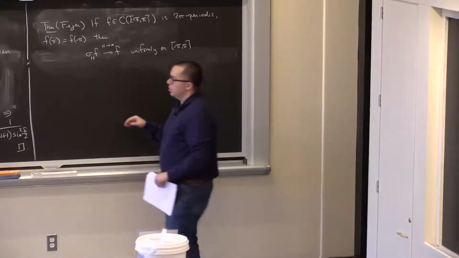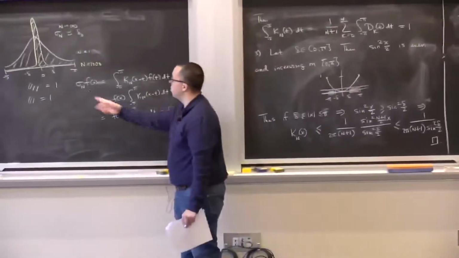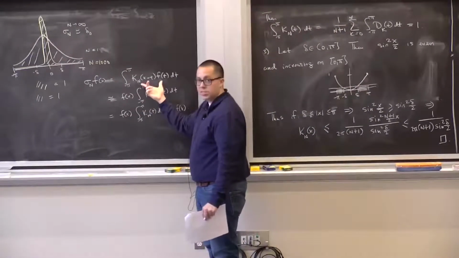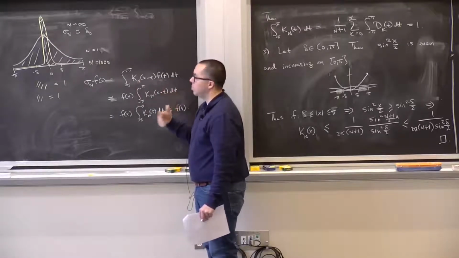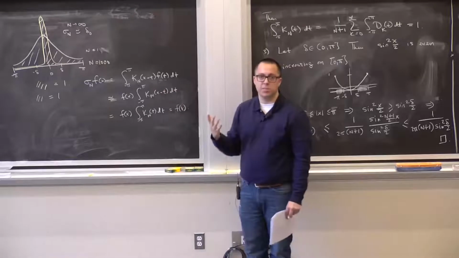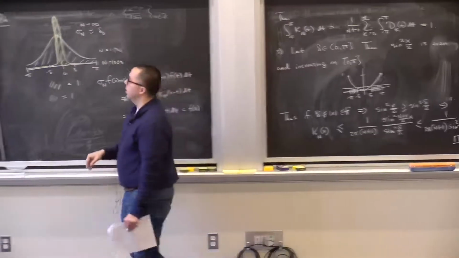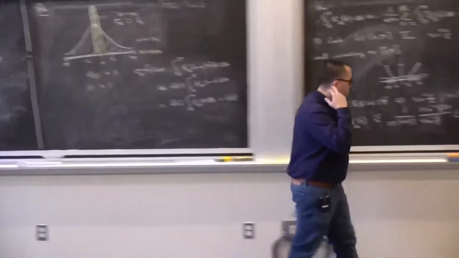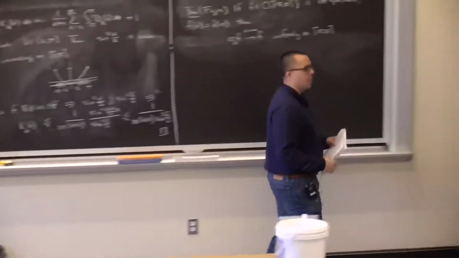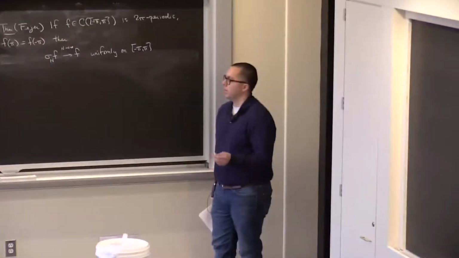But linear operators that depend on a parameter and look like this, a function of this form times f of t integrated dt, pop up all the time in harmonic analysis, which is a fancy name for Fourier analysis and other stuff.